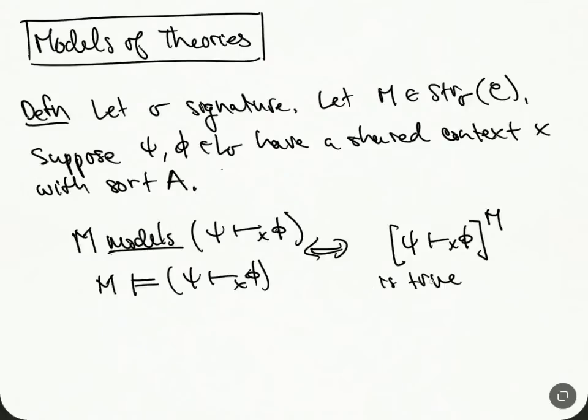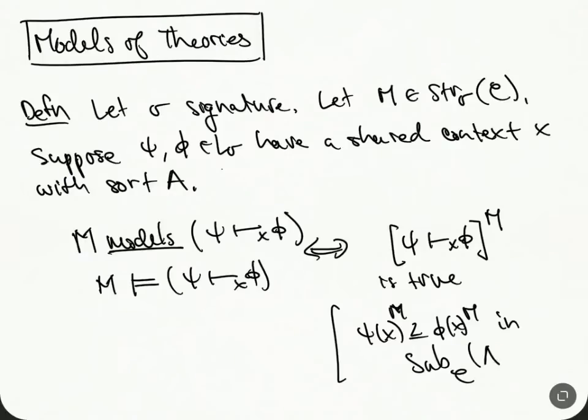Remember that this formula means that psi of x is less than or equal to phi of x, of m, in the subobjects of this category where we take A to the m. So this is the x variables. So M models this formula, and this will be true if we have this containment here.